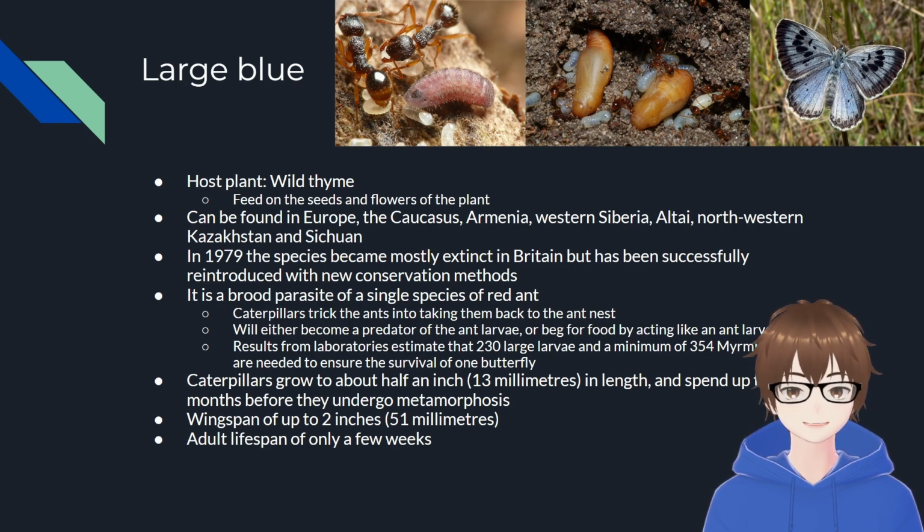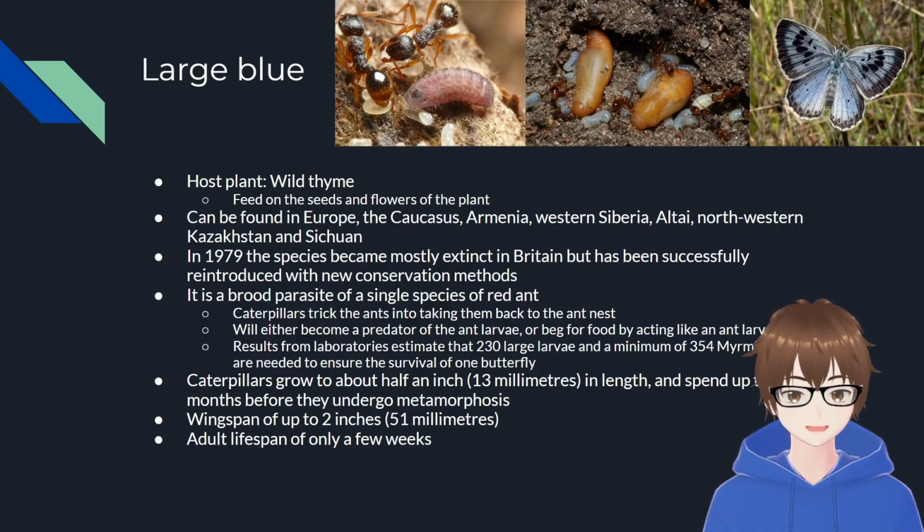Results from laboratories estimate that it requires 230 large larvae and a minimum of 354 workers to ensure the survival of one butterfly. And that's a lot of ants. It's also mentioned inside the scientific results that it is highly unlikely that one ant colony will have that many ant larvae and workers.